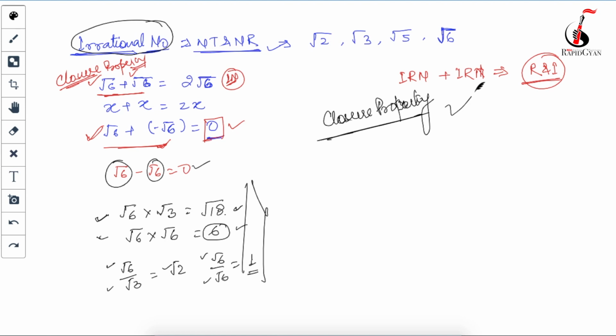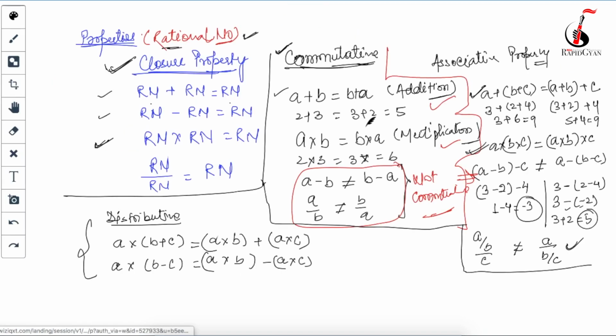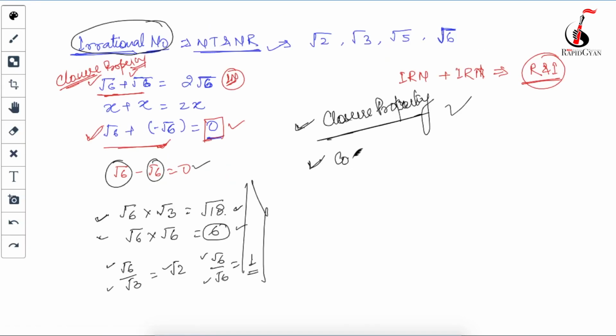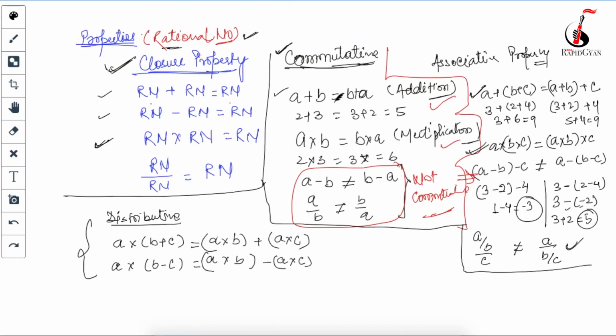Okay, now let's check the other properties. Closure property is not supported. The next property is the commutative property. For the commutative property, beta, it's exactly the same as rational numbers. What do I mean by exactly the same?